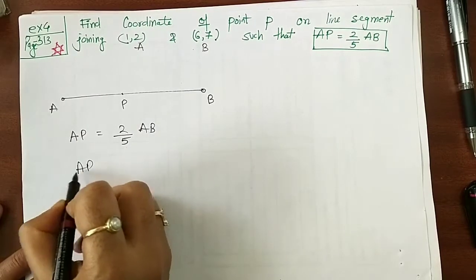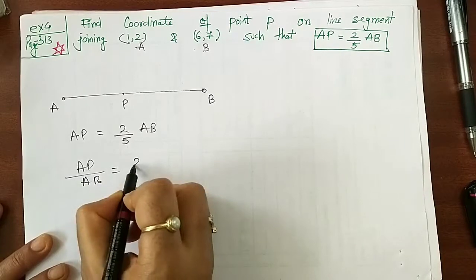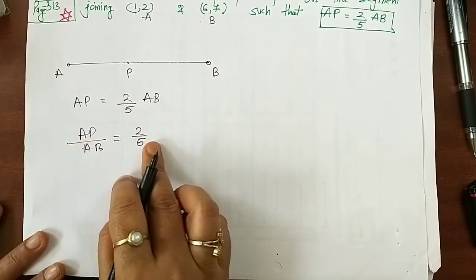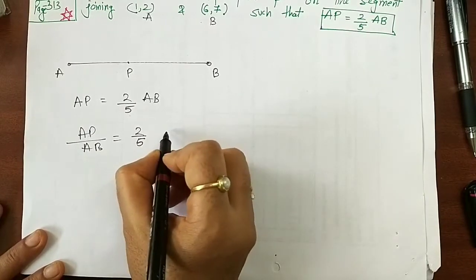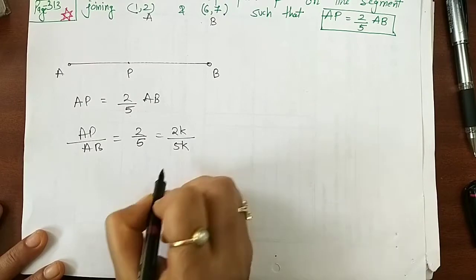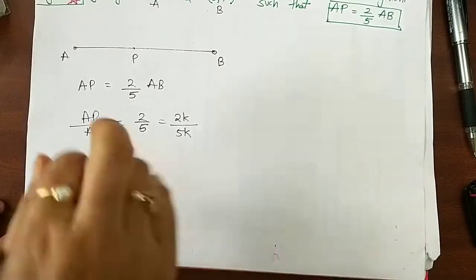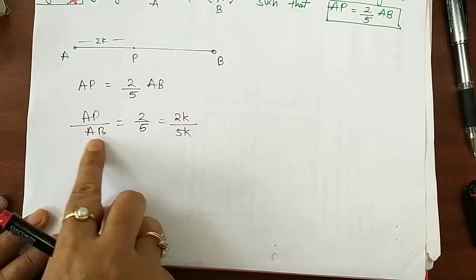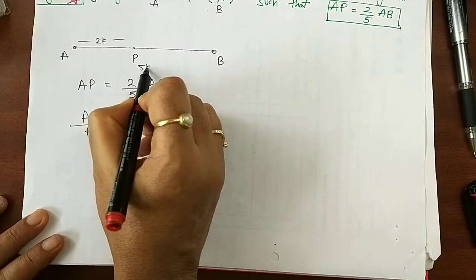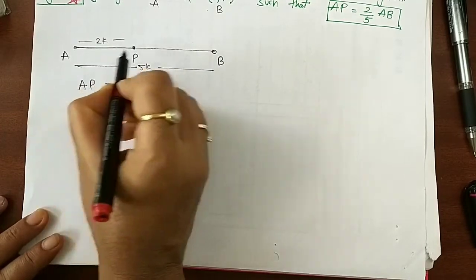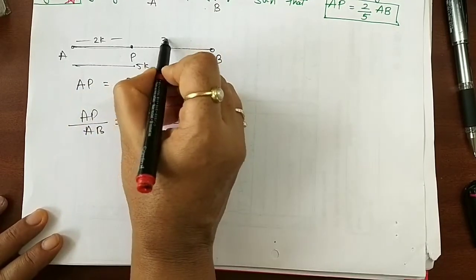Can I write AP by AB is 2 by 5? Understood? So approximately I can say that if AP is 2K, then AB is 5K. Suppose this is 2K, so AB is 5K. That means for sure PB has to be 3K.